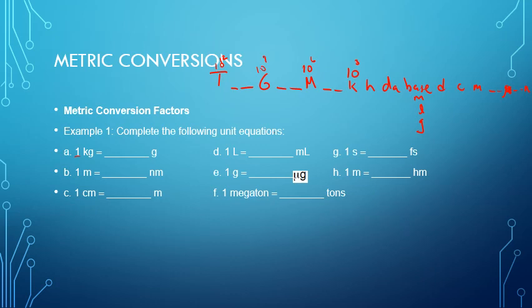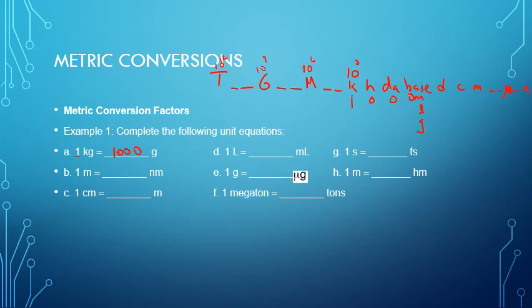So what I can then do is just place a 1 on the larger unit prefix, and then I can add zeros until I hit whatever unit I'm trying to solve for. So in this case, 1 kilogram would be the equivalent of 1,000 grams.